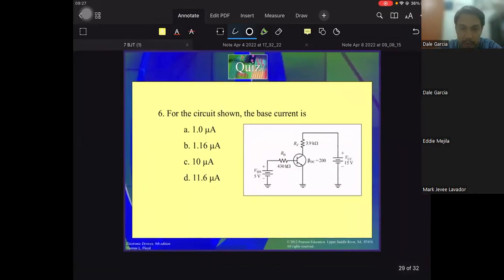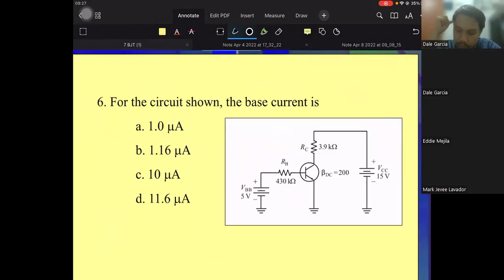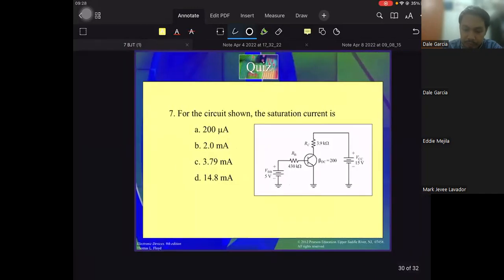Number 6. In the circuit shown, the base current is... we haven't solved that yet. I think this is our lesson this morning, how to solve for amplifier transistor currents. So we skip it.